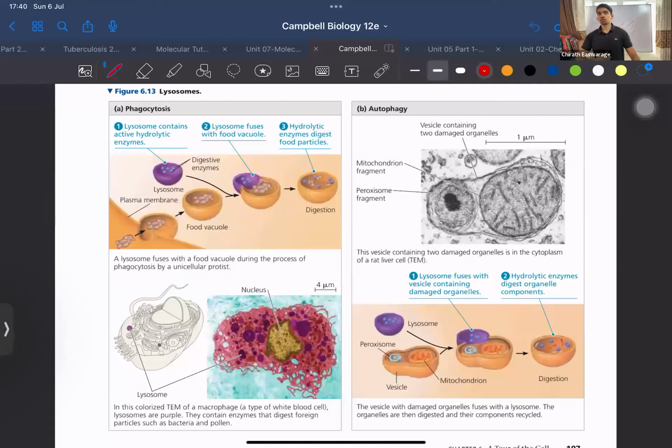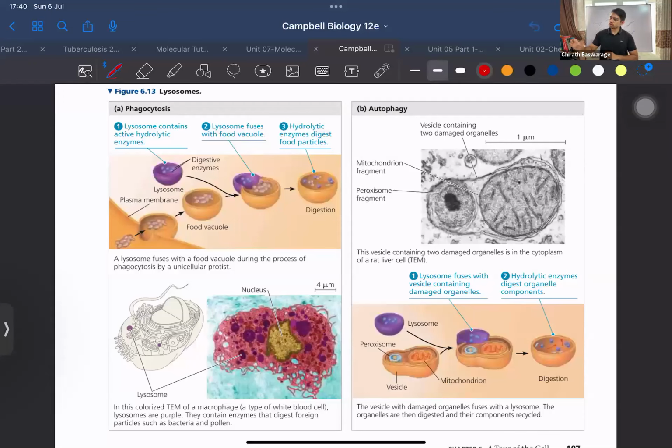The mitochondria has so many enzymes. These enzymes can get used up, right? It's like an engine. If you run an engine for a long time, it's going to get worn down, its parts are going to be worn down. So after some time, you have to throw out that engine. You have to throw out that mitochondria.